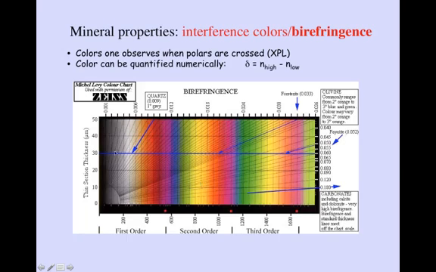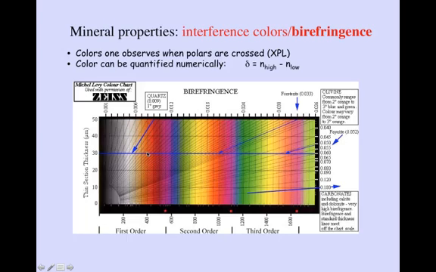The other parts of this chart are the thin section thickness on the left-hand axis, which goes from 0 to 50 microns. The standard thin section thickness is 30 microns, so that's why this blue line is drawn across the color chart. That's typically what you're going to see. Now, you might have an instance where the thickness is slightly more or less in your thin section, and you would see a corresponding change in the interference colors.